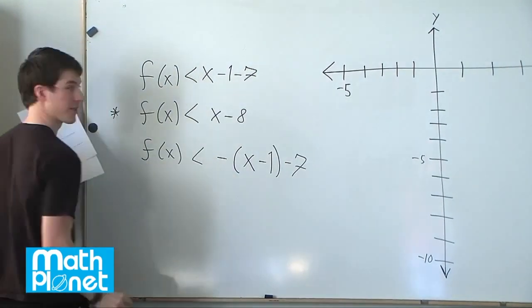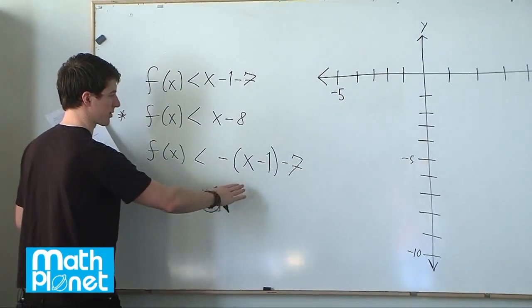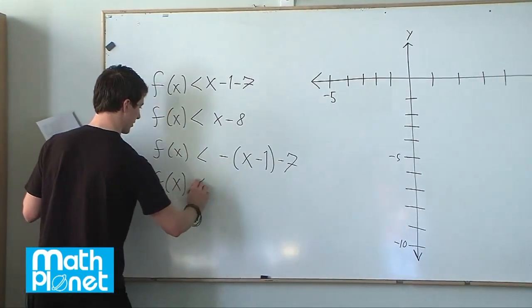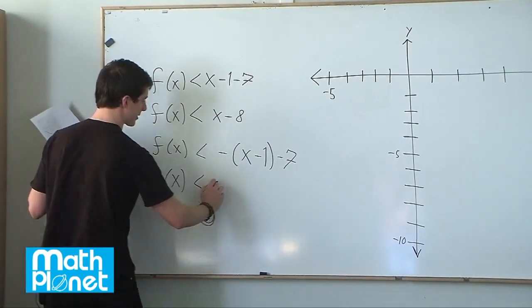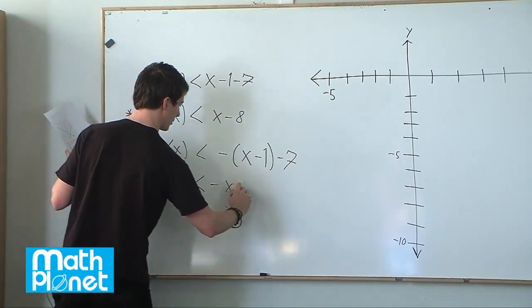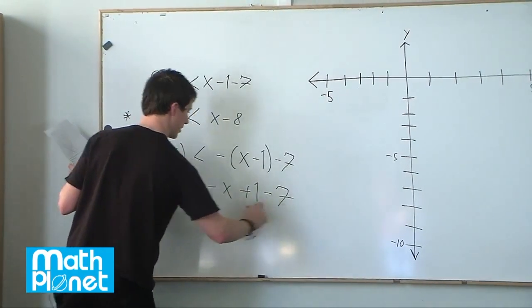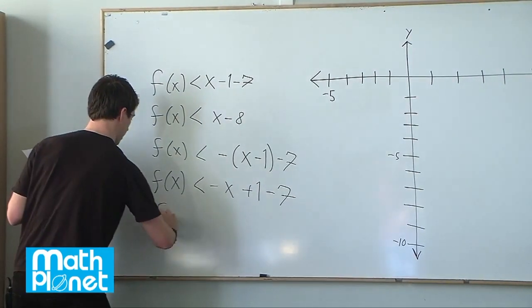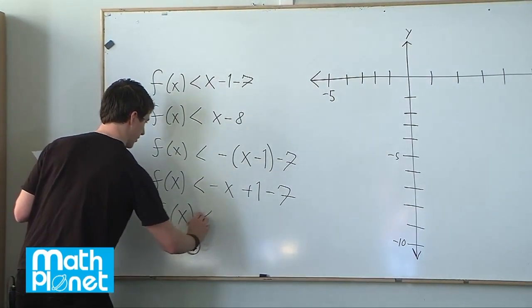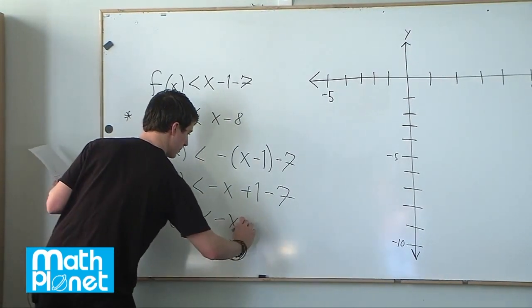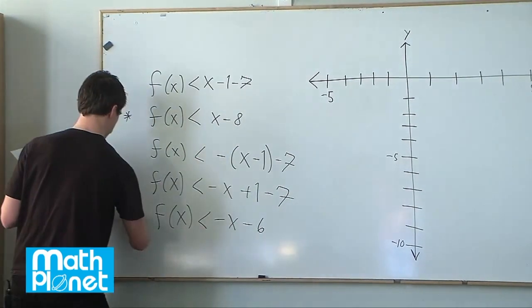So we need to just expand this negative through this x minus 1 and then simplify. So that gives us f of x is less than negative x plus 1 and then minus 7. And then this can simplify to f of x is less than negative x, and then we have minus 6.